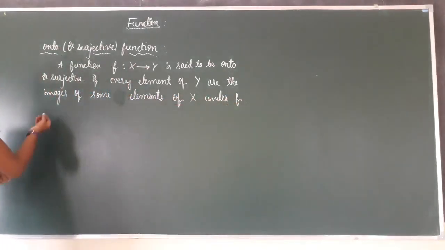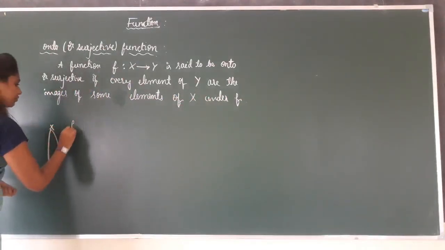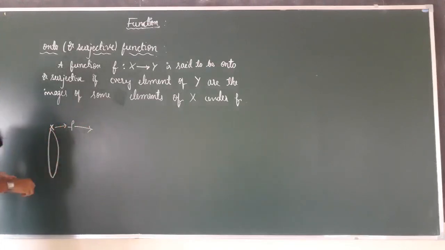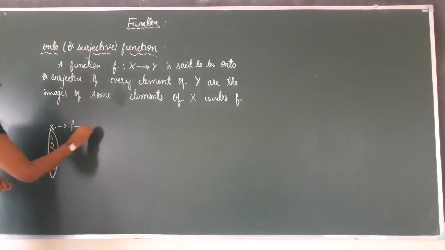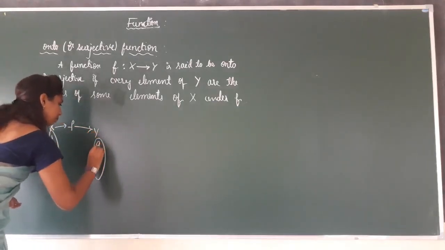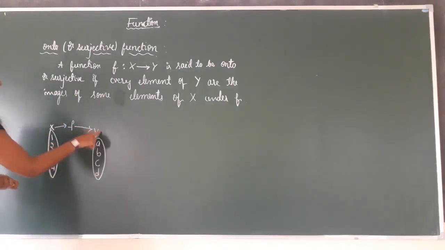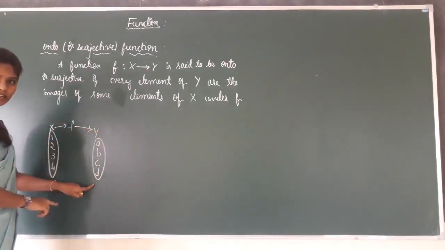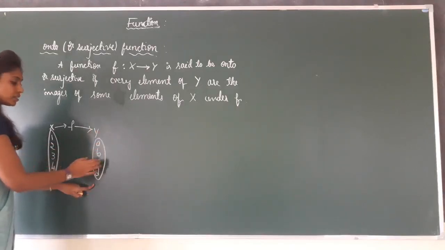Observe here. I am writing a function f from X to Y, X having the elements 1, 2, 3, 4 and Y having the elements a, b, c, d. All the elements of the set Y are images.